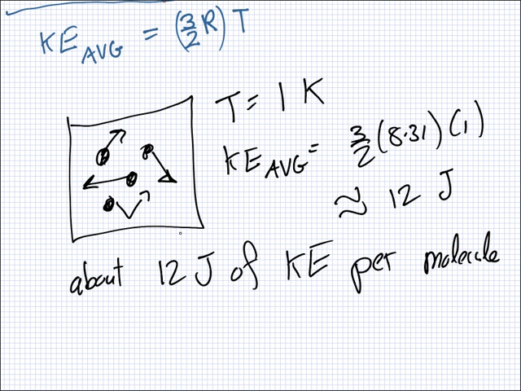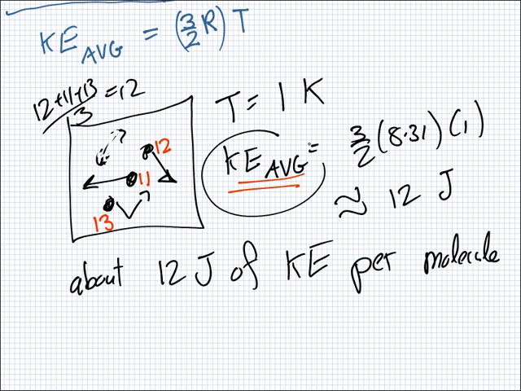No. Some of them will be a little bit more, and some of them will be a little bit less. Some of them might be 12. It just means the average is 12. So for example, here, 12 plus 11 plus 13 over 3 does equal 12. You're saying that the average kinetic energy is 12 per molecule.